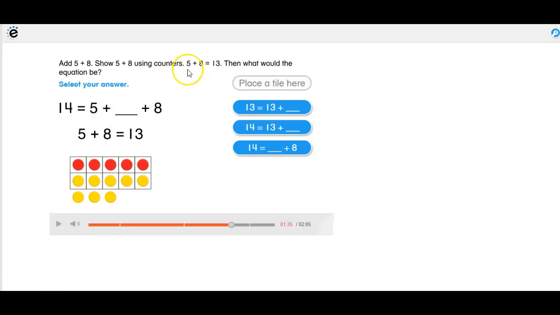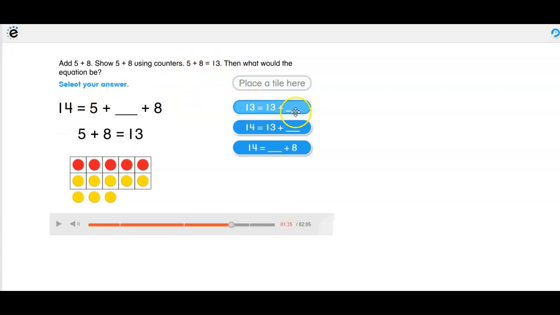We took 5 plus 8 and got 13. In our original equation, that shows that we took the two add-ins that we knew, and now we need to find the missing number. So if we know 5 plus 8 is 13, our new equation would look like 13 equals our total number.